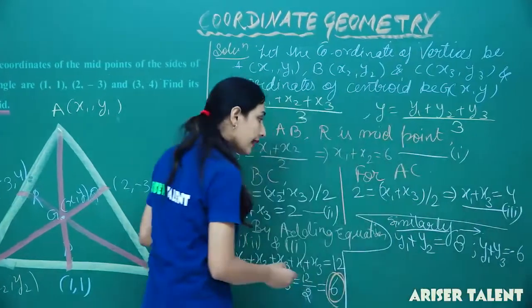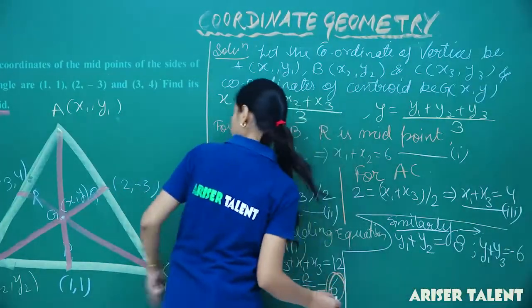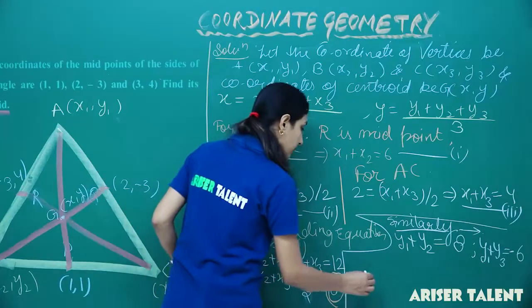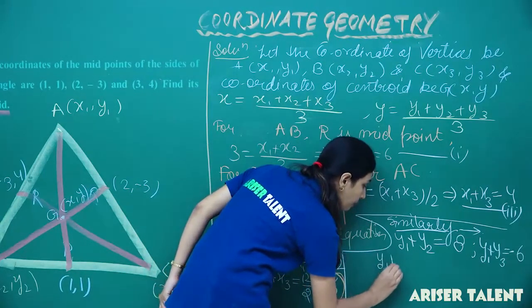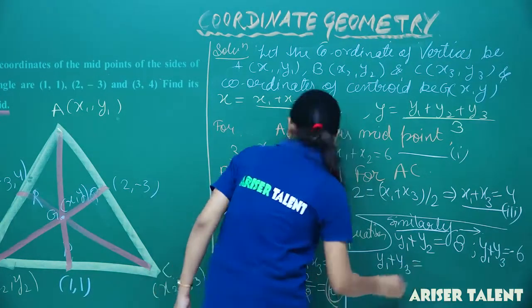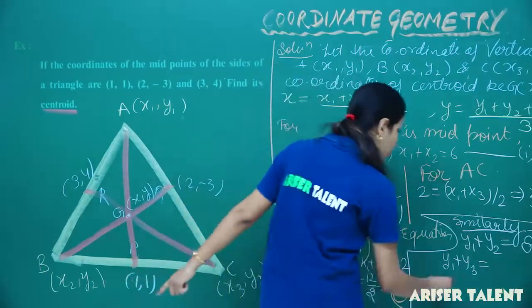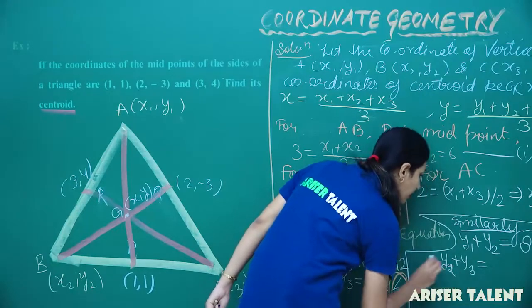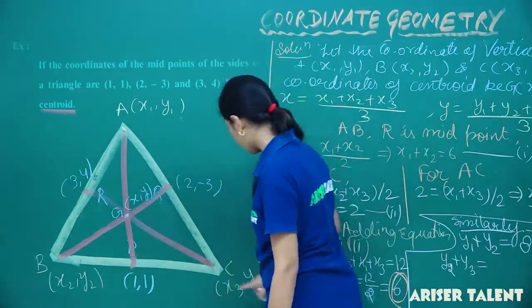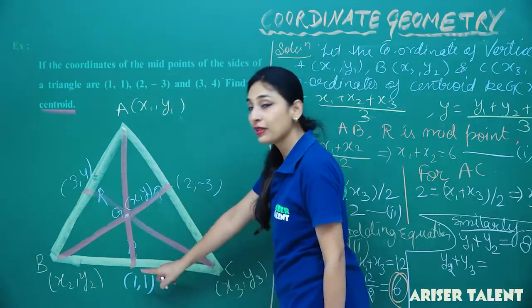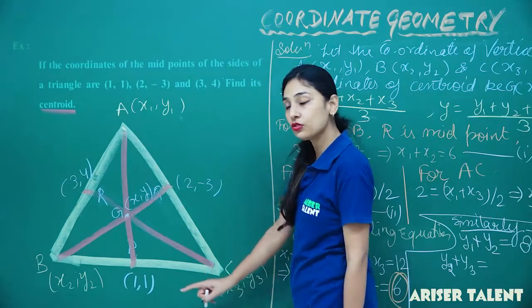Okay. Again, if I talk about this side, y2 plus y3. Now is this y1 or y2? Okay, this is y2. So y2 plus y3 is equals to 1 multiplied by 2, which is 2.